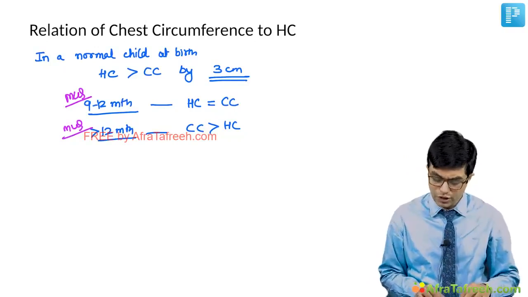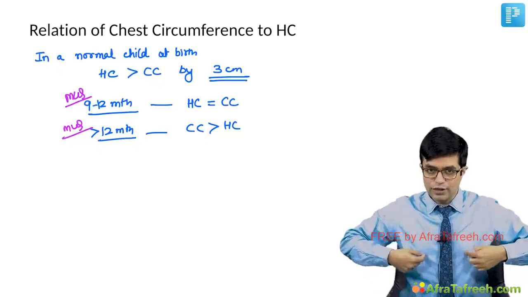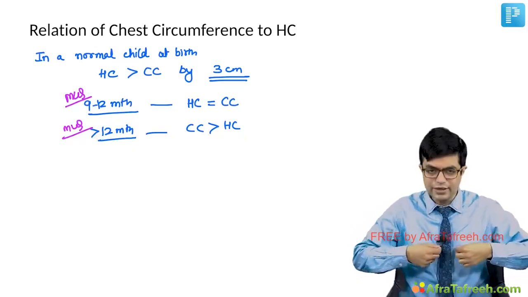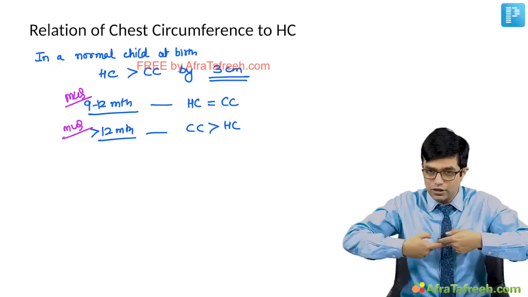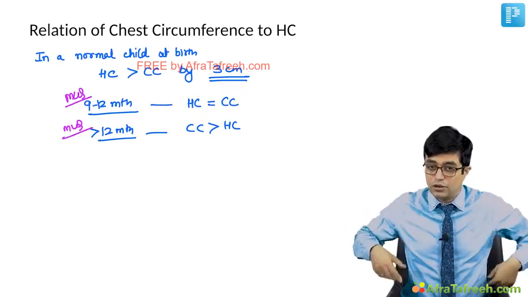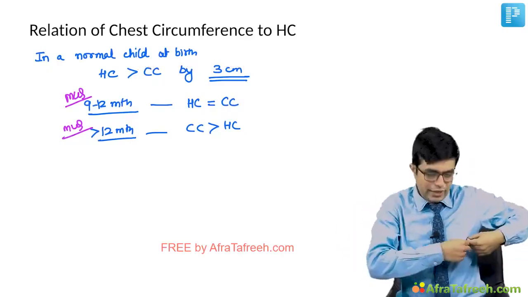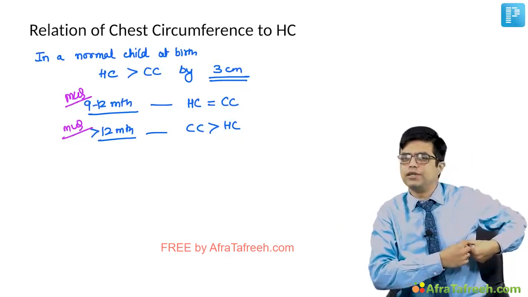If somebody asks you, where do you practically measure? Practically, we measure in a child at the level of nipples, which corresponds roughly to the fourth intercostal space in a child. So roughly at the level of nipples, going back using a non-stretchable tape and going horizontally, not vertically, not angulated. You go back and then you measure, bring it down and again measure just laterally to one part of the nipple.